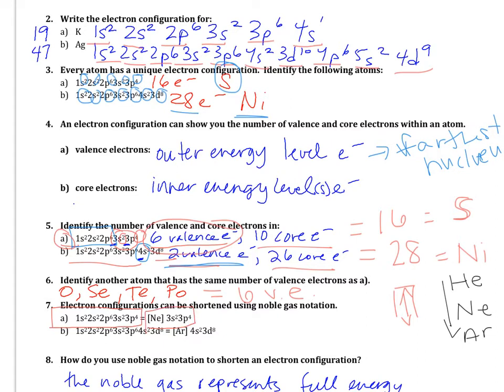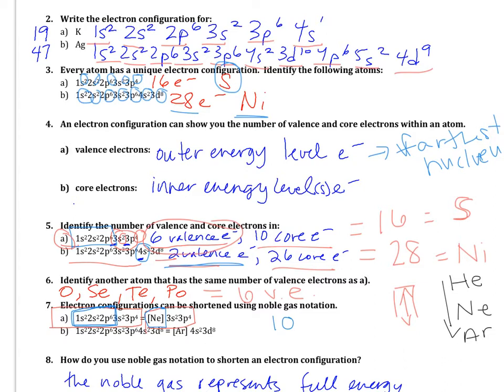It comes from writing the electron configuration for neon, which has 10 electrons: 1s2, 2s2, 2p6. Instead of writing that, I can put the element symbol neon in brackets, representing this beginning part of my electron configuration. And then after it, I add the additional part, the 3s2, 3p4.